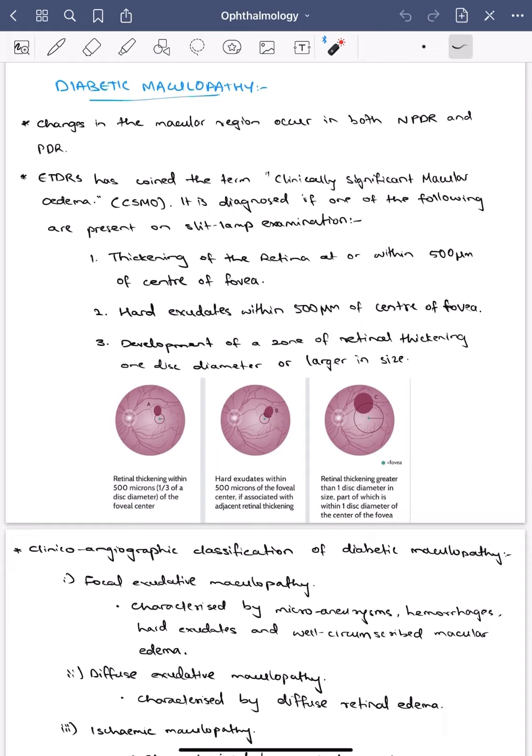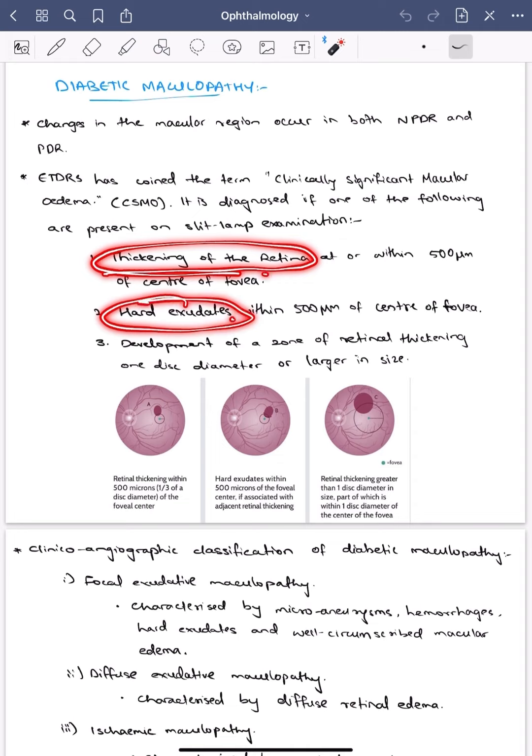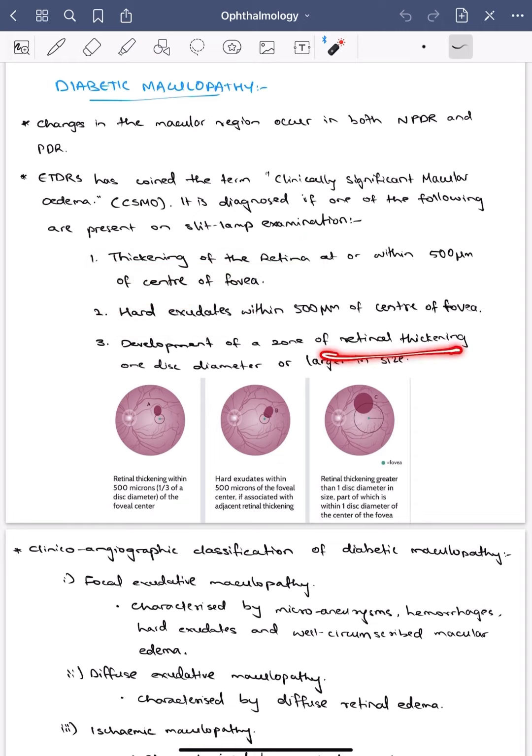Okay, so remember, CSME, clinically significant macular edema, can be diagnosed if one of the following is present. The first is thickening of the retina, the second is hard exudates, both within 500 micrometer of the fovea, and the third is a development of a zone of retinal thickening 1 disc diameter or larger in size.